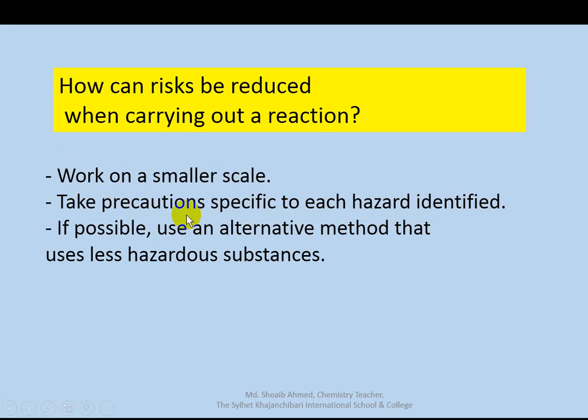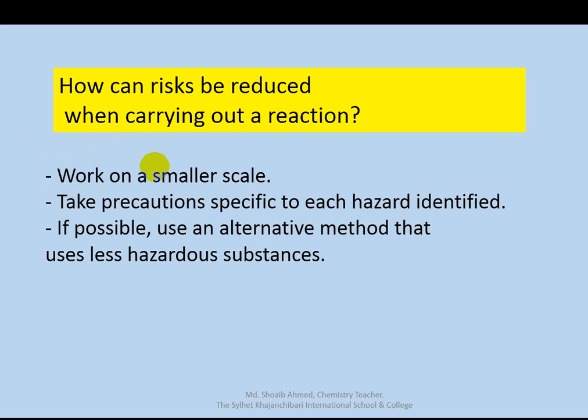We take precautions like, if breathing problems are created by chemicals, then when using this chemical we put on a specific mask.